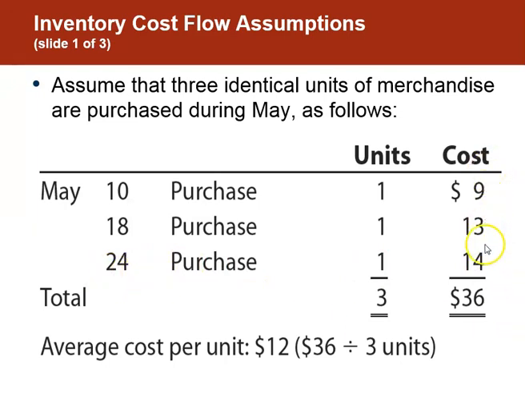So if we add these 3 numbers up, we come up with a $36 total cost, and our average cost per unit is $12, the $36 total cost divided by 3. But that doesn't mean that's exactly how we're going to expense these items or count the inventory. Okay?